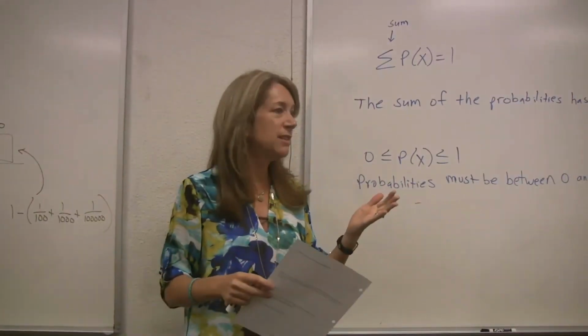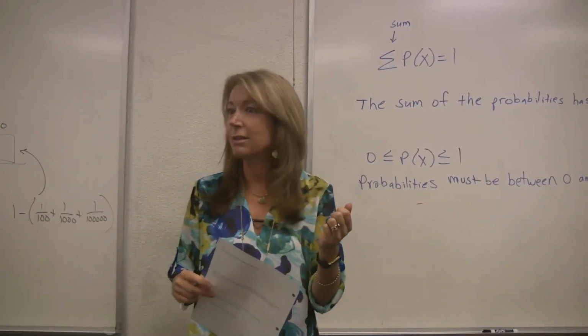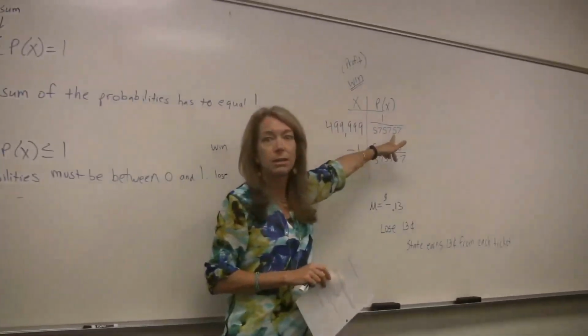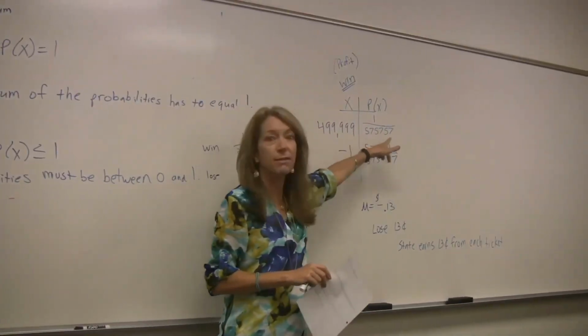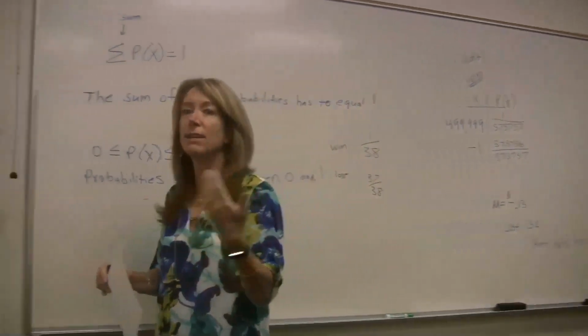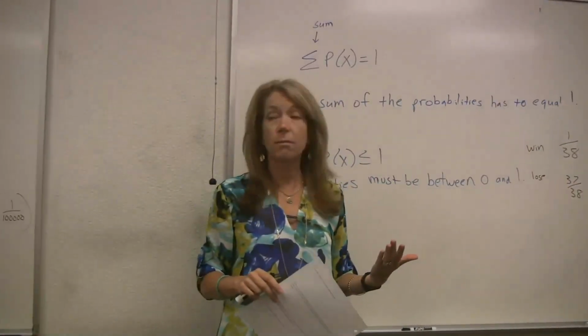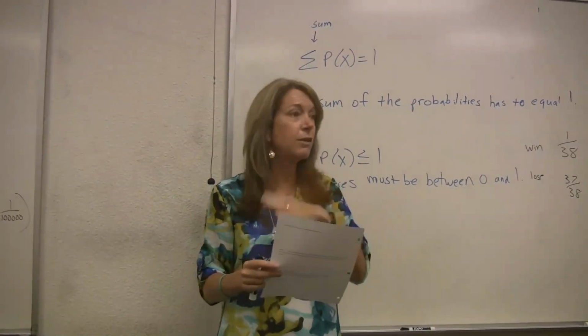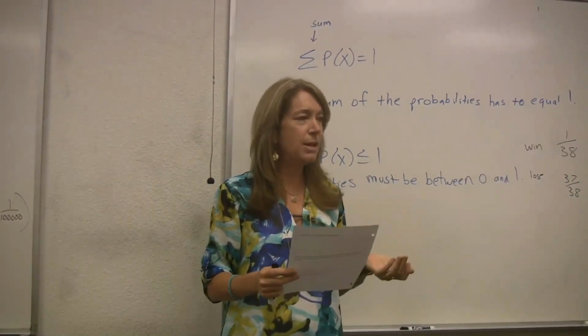Every time. It doesn't ever change. Every time you play this particular lottery in California, there's a 1 in 575757 chance that you pick the right combination. So that probability is the same every time you play. Everyone okay? Remember the probabilities are always the same? If all of those are true, then it's a binomial situation.